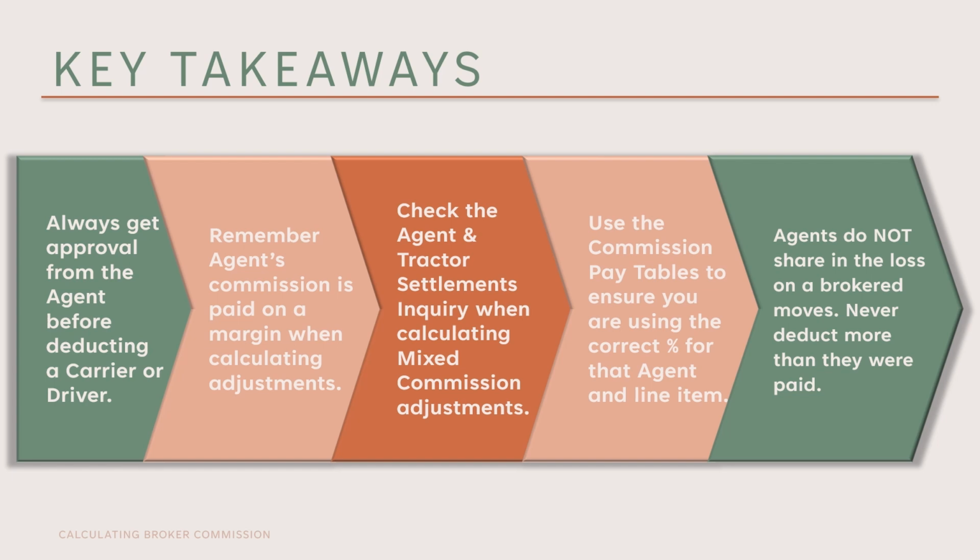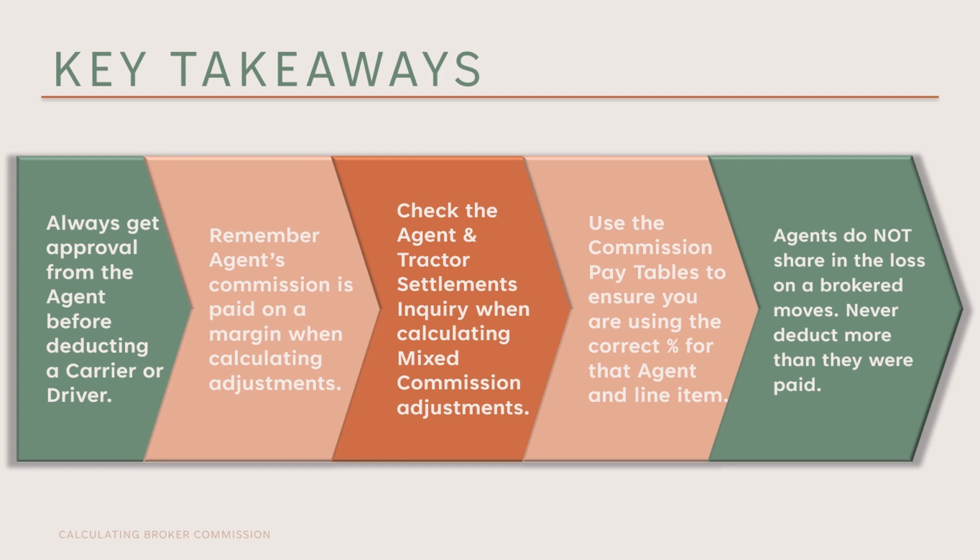Be sure to check the agent and tractor settlements inquiry when calculating mixed commission adjustments, especially when drivers are involved, because that tractor settlement inquiry is going to tell you which driver received what and how much, and you don't get that information if you're just looking at the agent settlement inquiry. So make sure you're not forgetting to verify your tractor's pay if you're making adjustments to their commission.